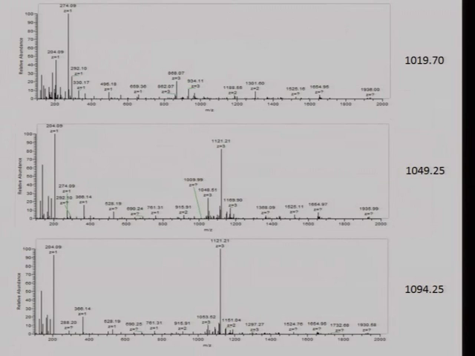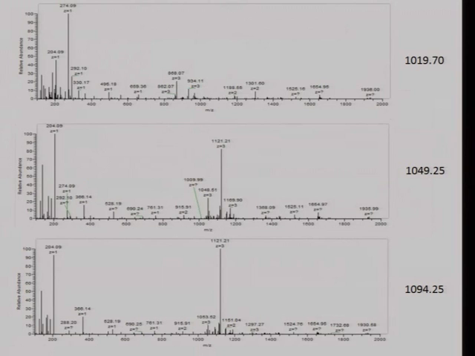So this top spectrum doesn't contain this 1121. And it also looks a little bit different in the low mass region in that it's got a very big 274, which the last one didn't. So this is a glycopeptide, but it's not the same peptide, because it doesn't have the 1121 peak in it.